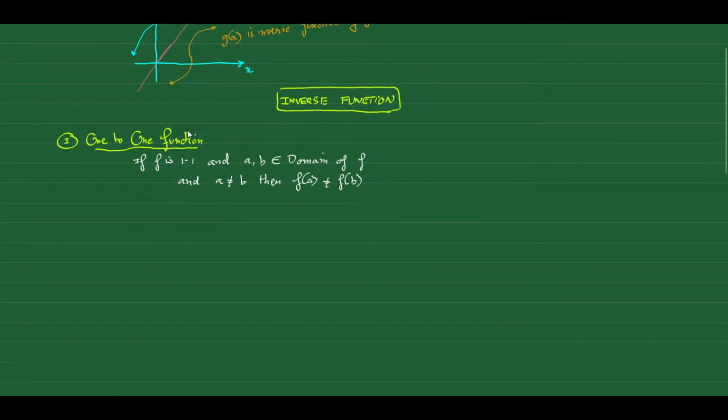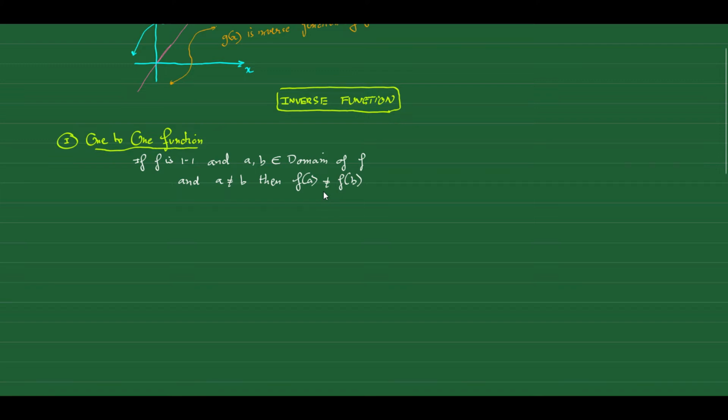We can use this definition to check if an algebraic function is one-to-one or not. But how are we going to understand this definition? As we know, for a relation to be a function, each input is assigned a unique output. If you have two different inputs that are assigned the same output, it's still called a function, but that is not a one-to-one function.